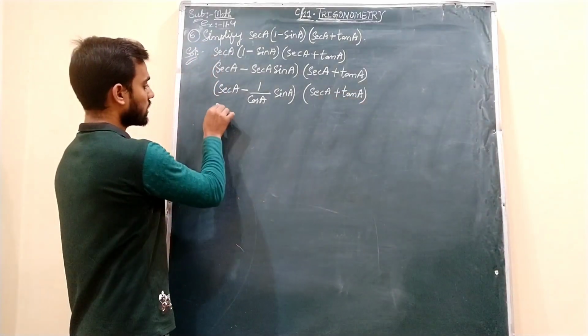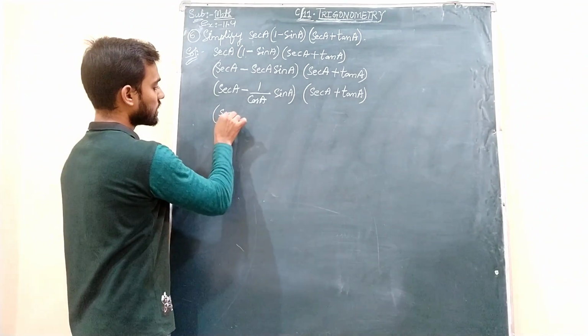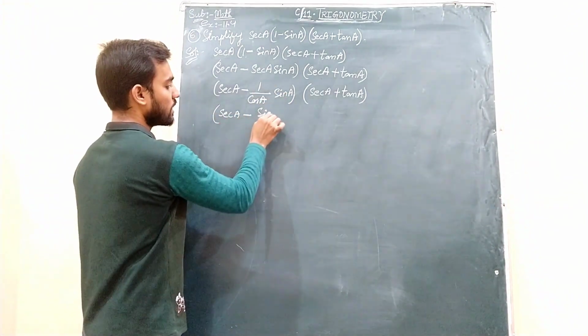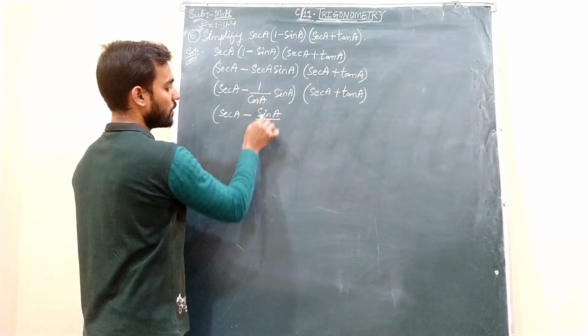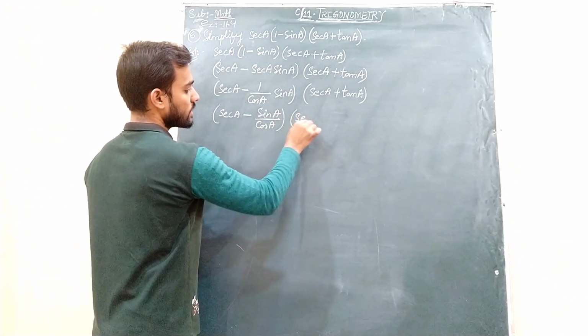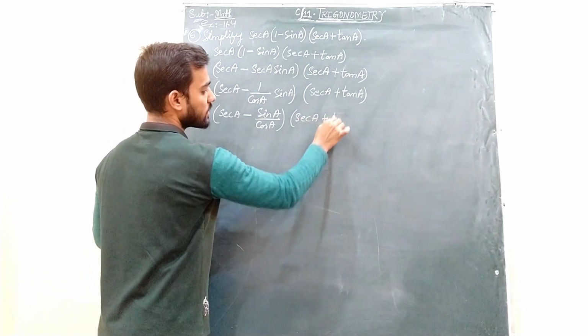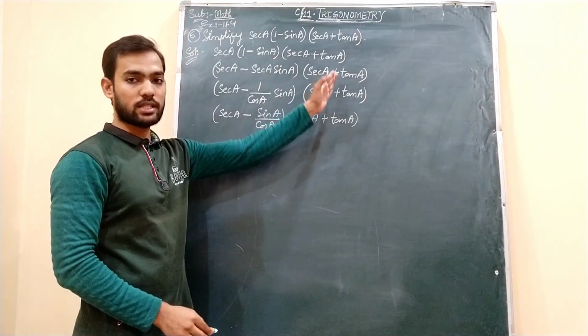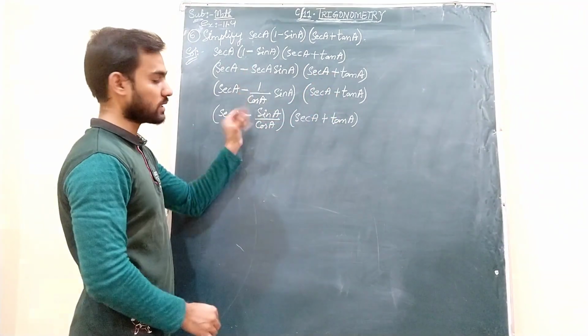Okay guys. Now in next step, secant A minus 1 into sin A is sin A. In denominator this cos A remains as it is, into secant A plus tan A. See students, there are no changes in the second term, only first term we are changing.